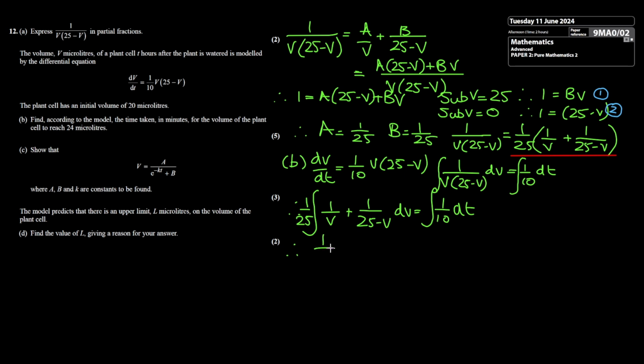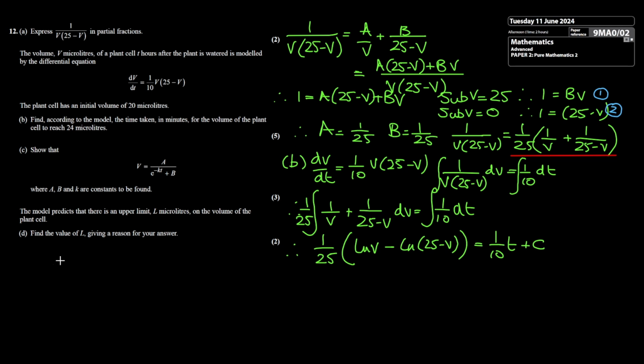So therefore I get 1 over 25, the integration of 1 over V is ln V, and this is ln 25 minus V, and because we've got to deal with the negative V and using the reverse chain rule, this has to be negative. And this is equal to the integration of this side, which is a 10th t. And we mustn't forget the constant of integration, c.